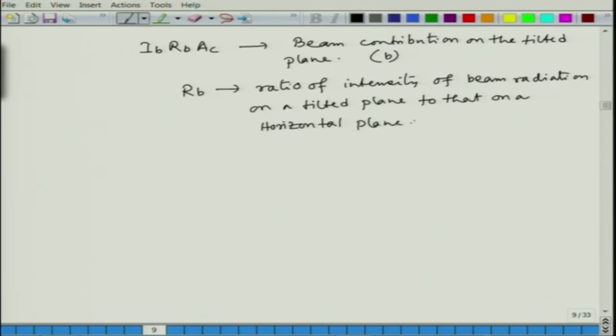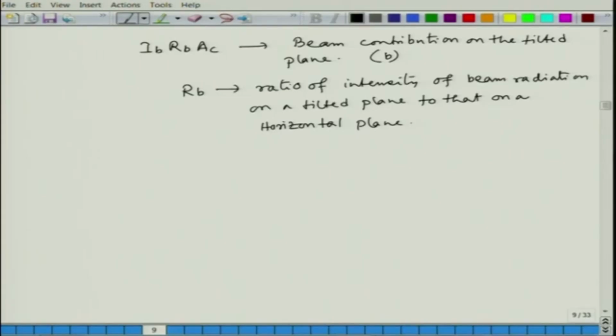Why do you need to connect it to the horizontal plane? Because in earlier lectures we have seen that all the prediction models that predict the availability of total solar radiation give you values on the horizontal plane. So, whenever you want to predict it on a tilted plane, you need a conversion factor. That is why R_B is important, and how it is calculated and what it means, we will come to in a while. It gives you the conversion from the horizontal plane value to the tilted plane value.